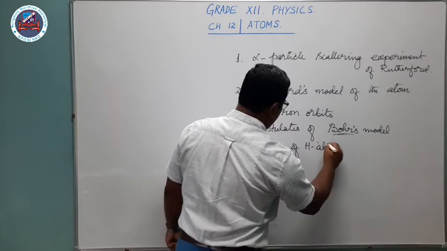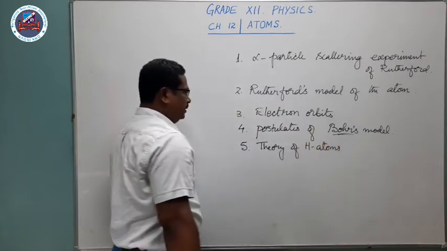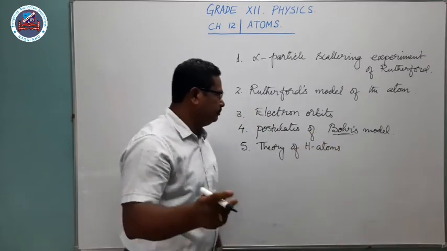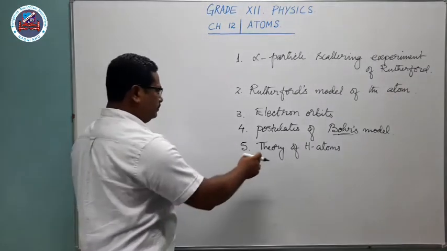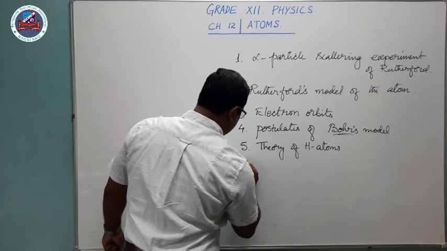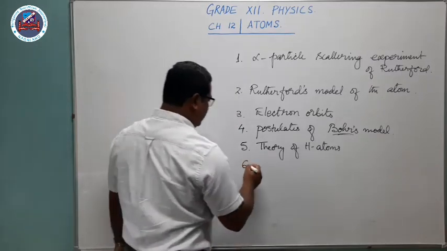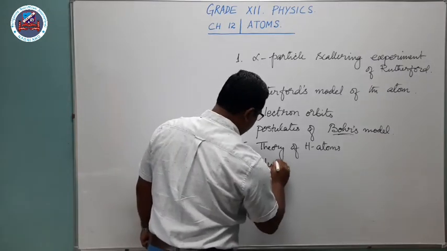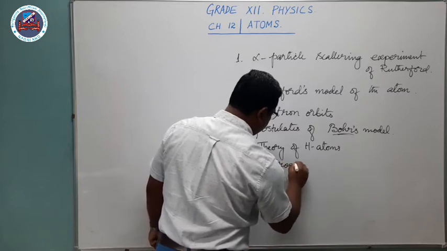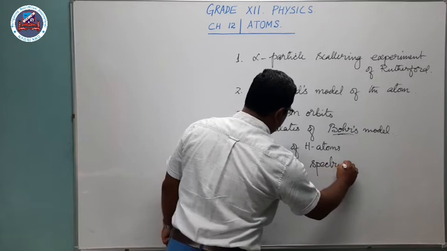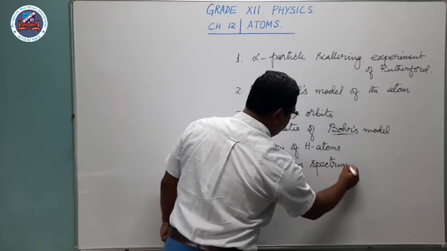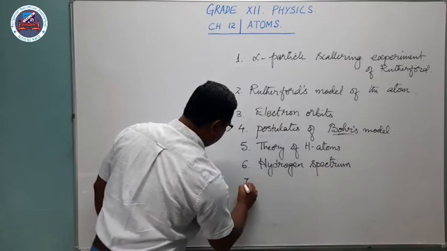Hydrogen atoms or hydrogen-like atoms, like ions of helium as well as ions of lithium, these are also applicable. Then in the sixth step, we'll study the hydrogen spectrum. And then we'll learn the energy level diagrams.